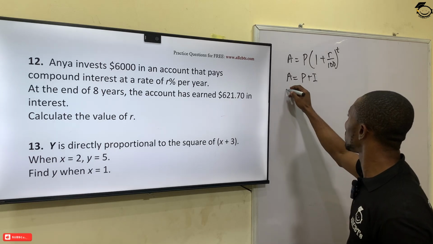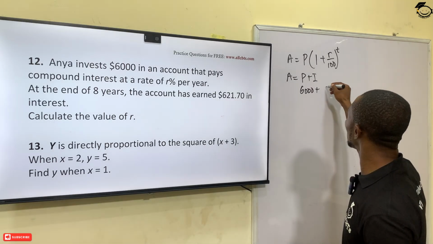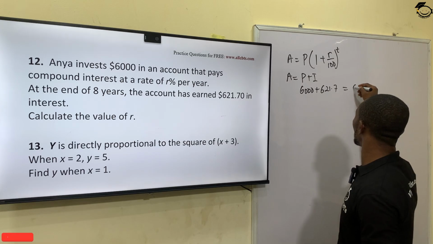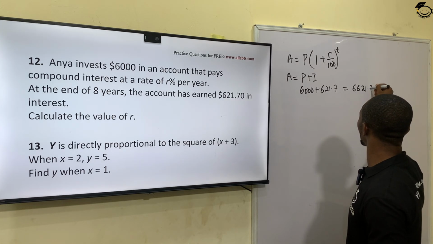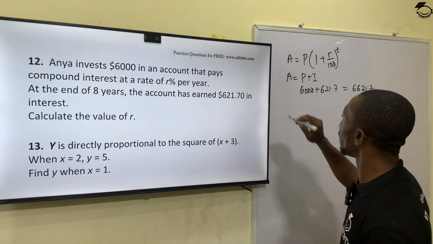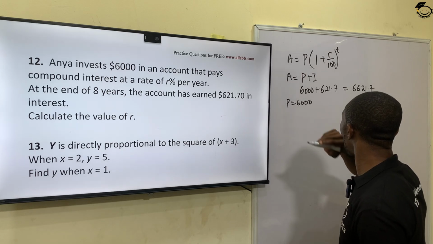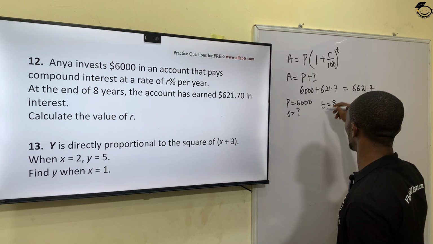Our principal here is 6,000 and interest is 621.7, which gives us 6621.7 as our amount. Principal is 6,000, our rate is unknown and time is 8 years.